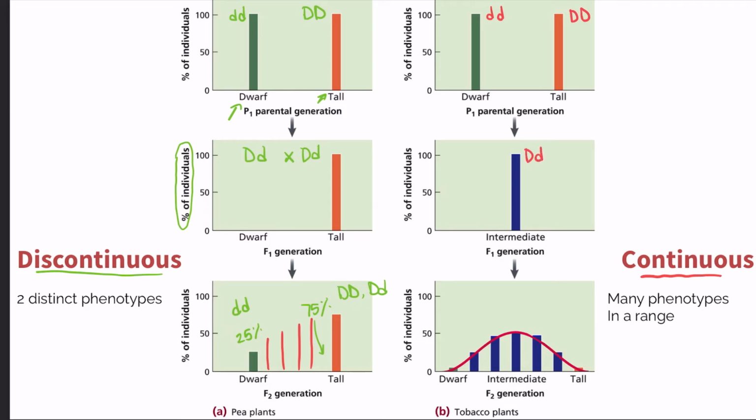But because we have some continuousness, these are going to be different based off of their genotype. They are going to give many phenotypes in a range. This is just an example, and it's super simplified right here, but we're going to get into a little more detail.